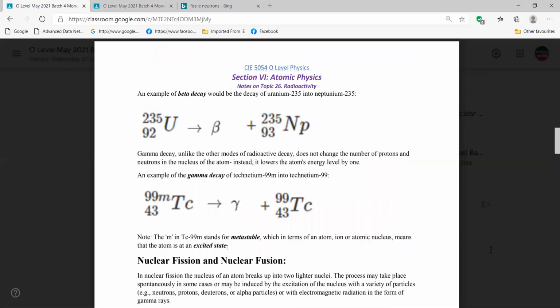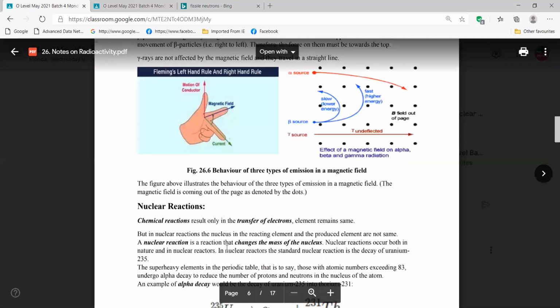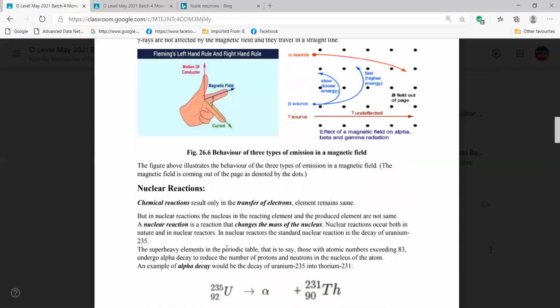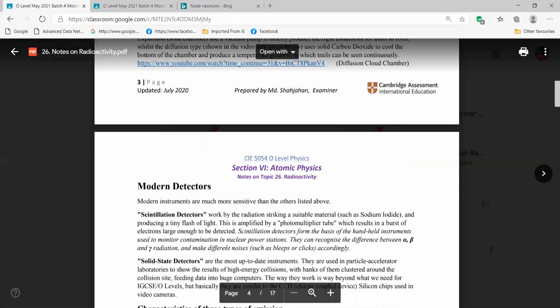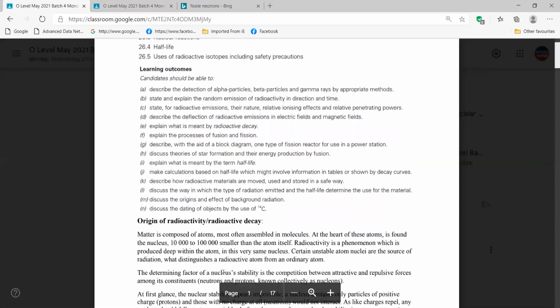No, sir. In two of our classes, the teachers mentioned that they never expected O level to give this question, but they did. So that is the reason I was asking.